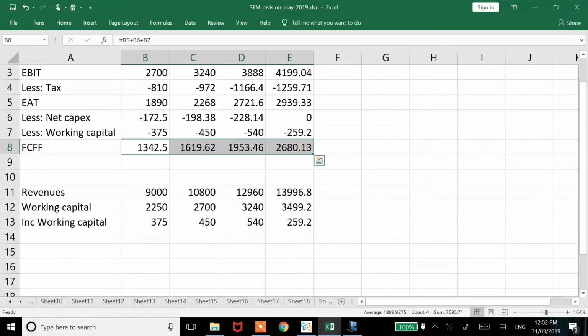From the 4th year onwards, we are going to have stability in the cash flows of the company. So be careful about working capital. It is not that if turnover goes up by 8%, incremental working capital will go up by 8%. Overall will go up, but incremental may not look at that 8% number.